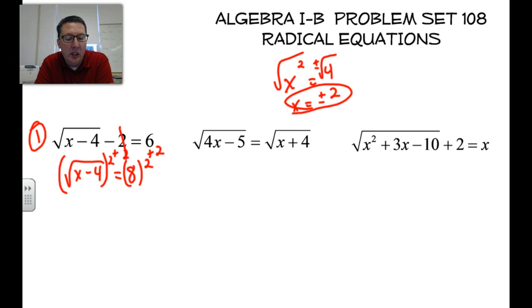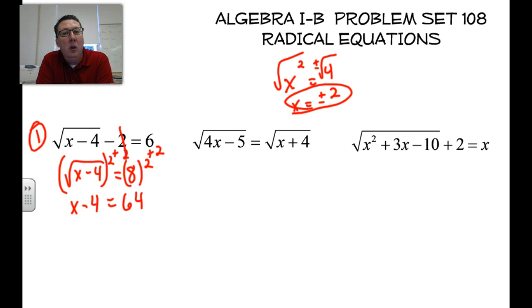Now, you're going to hear me say square the entire side, because sometimes these problems will get a little bit messier and we'll have more than just a single number on one side. So we square the entire side. When I square the square root, they cancel each other out. So I'm left with x minus 4 equals 8 squared, you get 64.